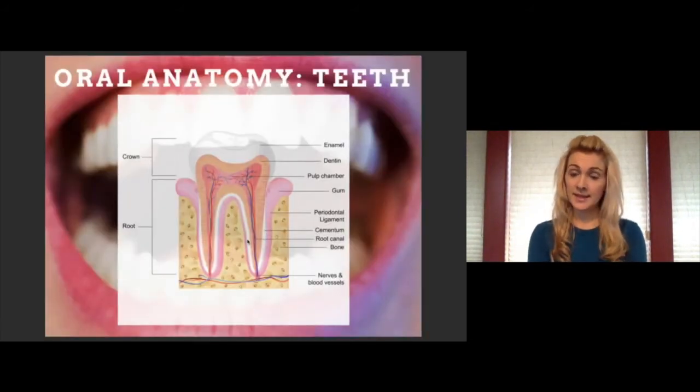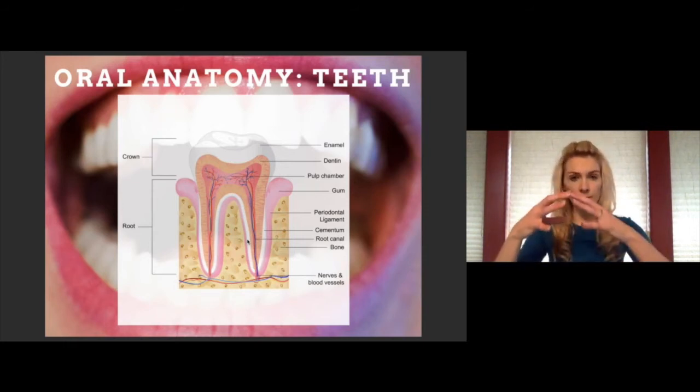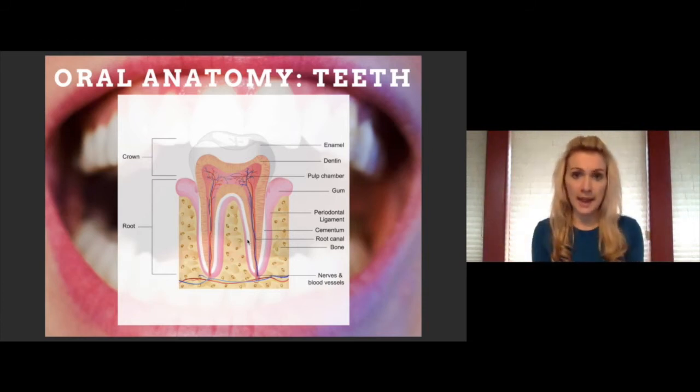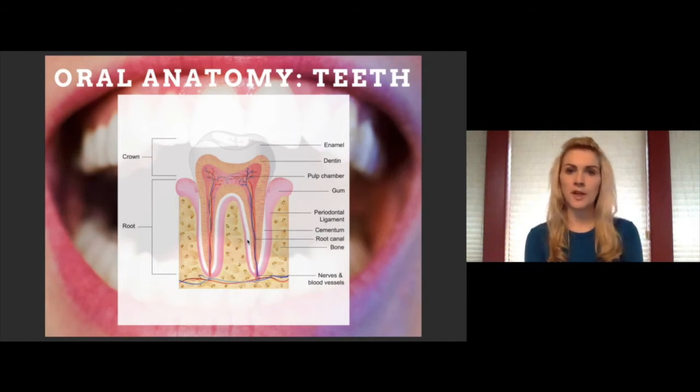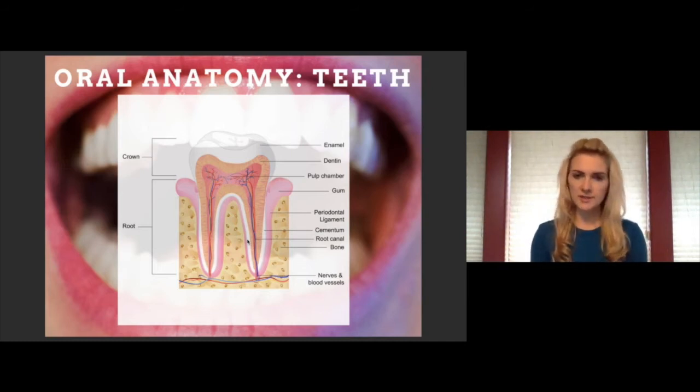And again, the anatomy of a tooth, which includes the crown above the gums, which is enclosed in the hardest structure called enamel. Underneath, there's also a pretty hard structure called dentin, but it's softer like bone, and it covers the live tissues and blood vessels and nerves that reside within the pulp of the tooth or the inner tooth structure.